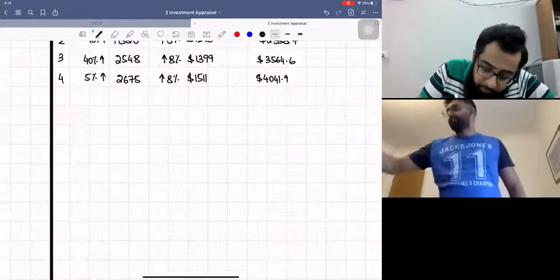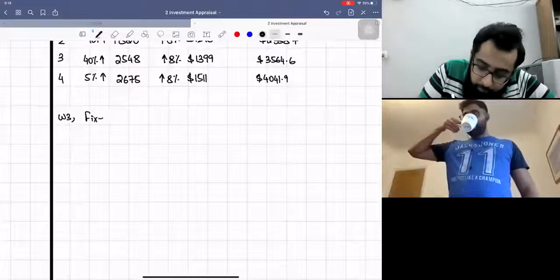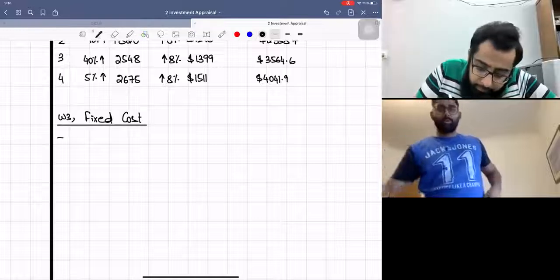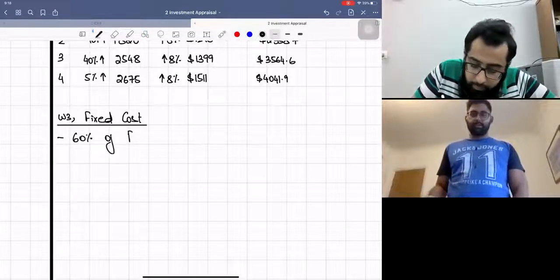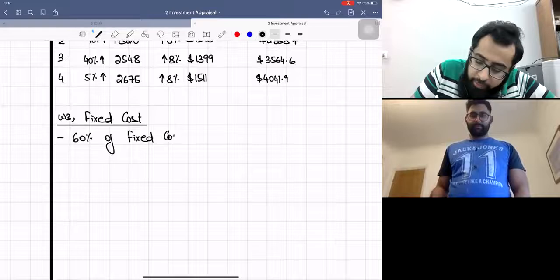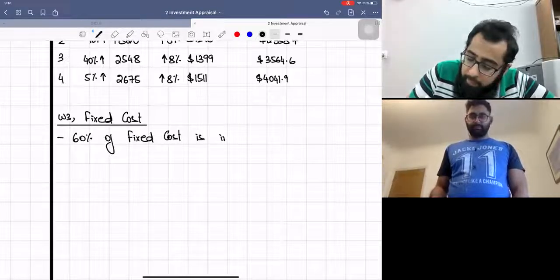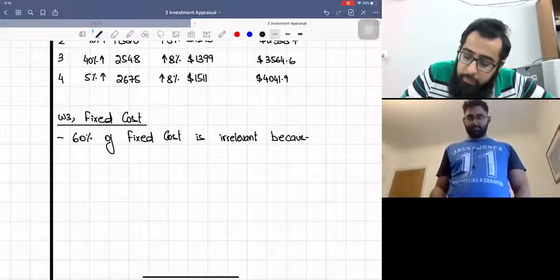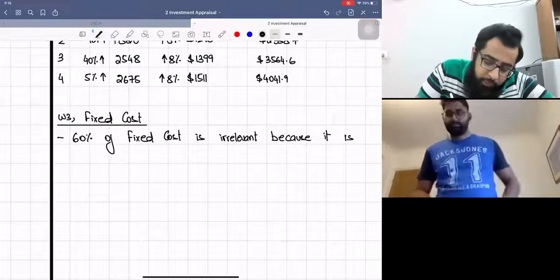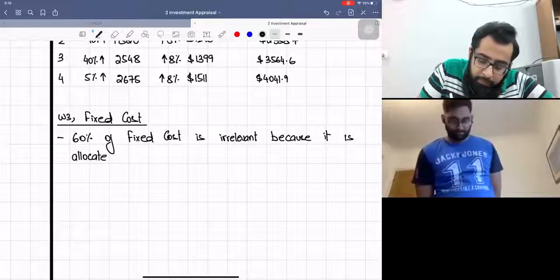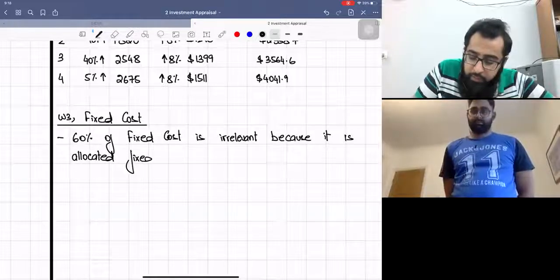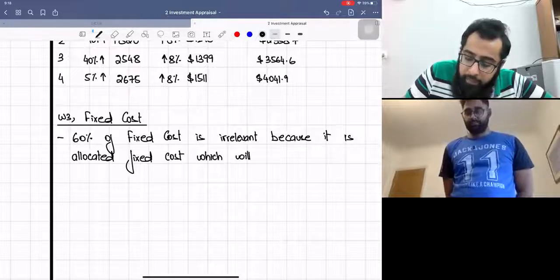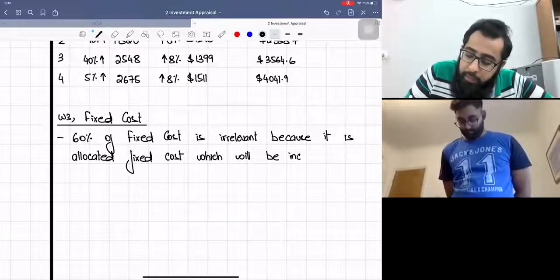Working number 3 is for fixed cost. So what do you do with fixed cost? 60% of fixed cost is irrelevant because it is allocated fixed cost which will be incurred irrespective of the project.